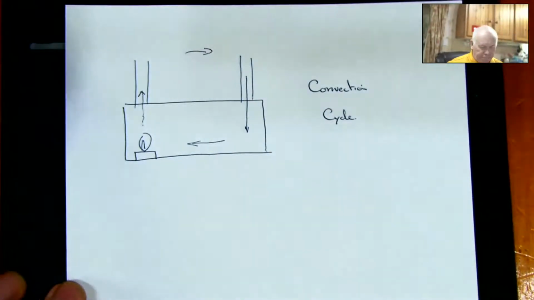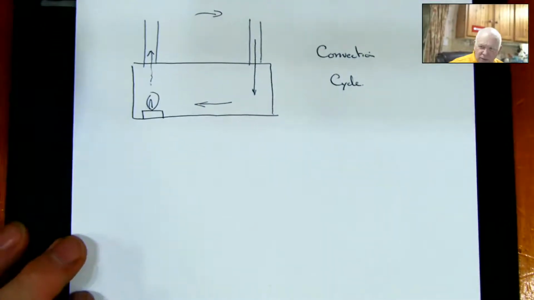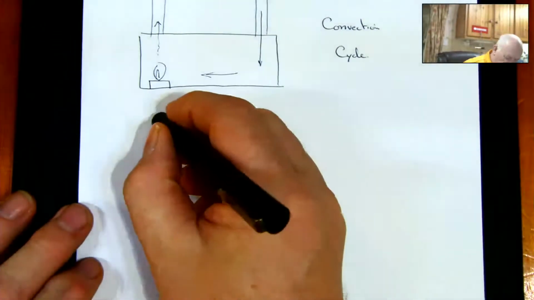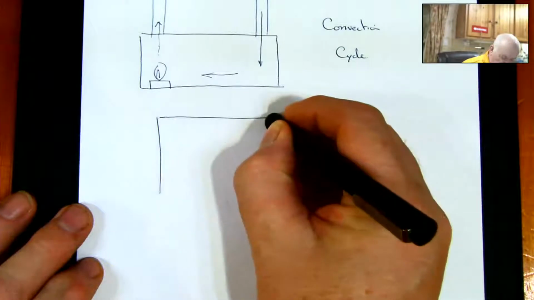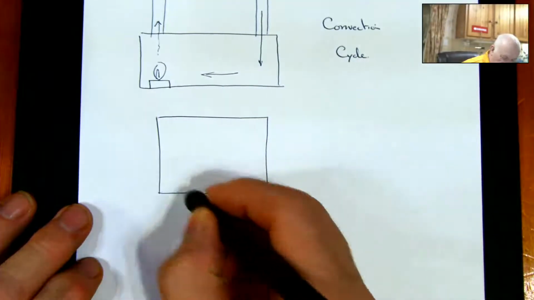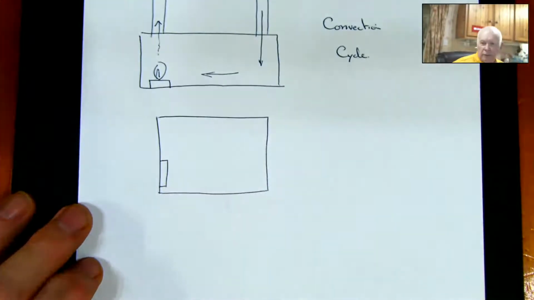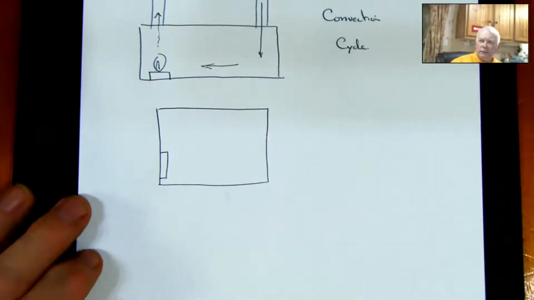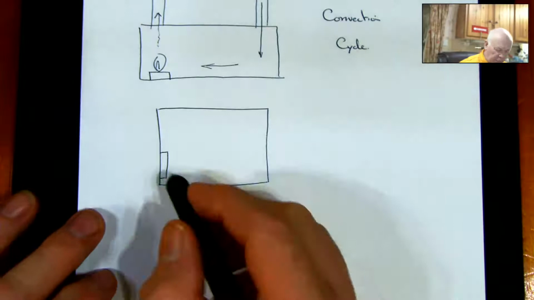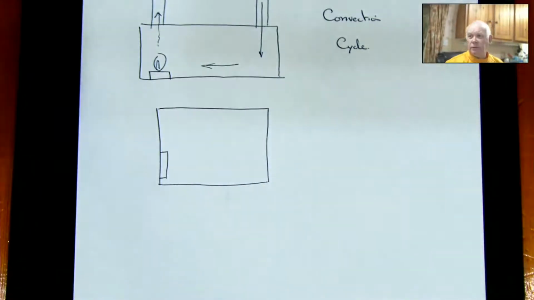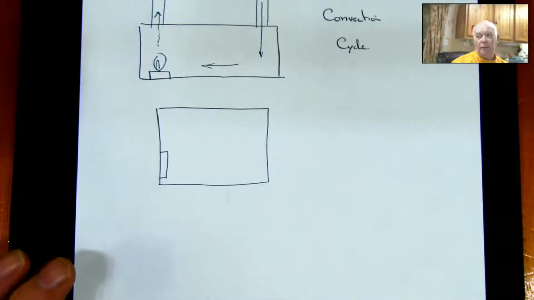So we can see that with convection we've basically got a cycle going on, with things happening. We can't always see them, and if I have a look at a picture of a room, let's put in a radiator in the room. Radiator's rather a stupid name for a convection heater, which is what it is, but I don't make the rules. I didn't invent the name.